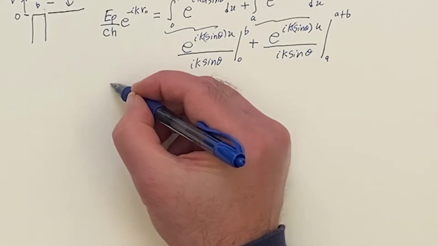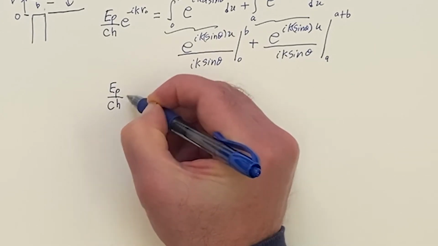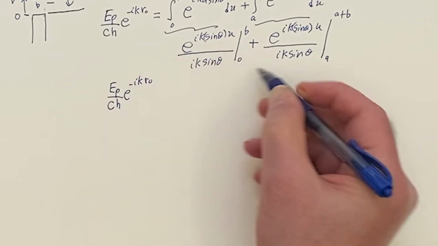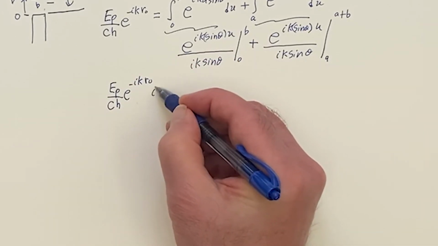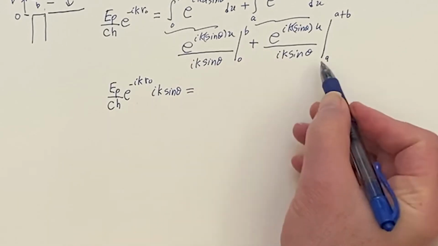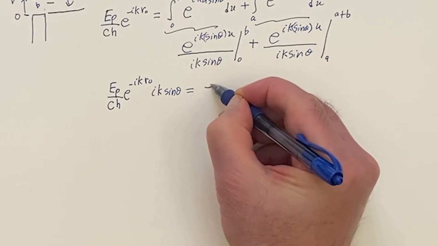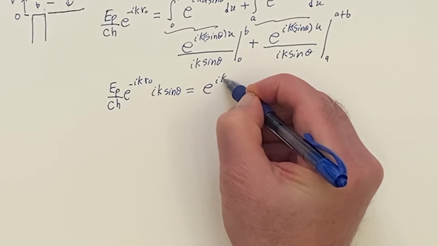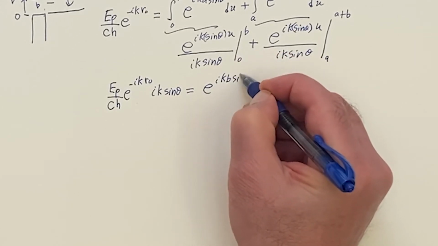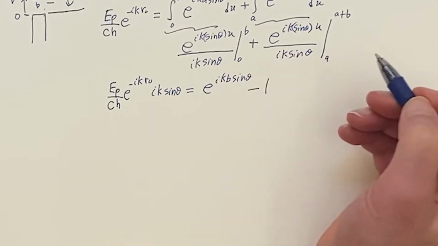Okay, so now I'm going to take this, the EP over to CH, e to the minus i k r naught, and I'm going to bring the i k for the moment to the left-hand side so I can concentrate on these exponentials. So I have e to the i k b sine of theta minus, when you put the 0 in you get the 1.